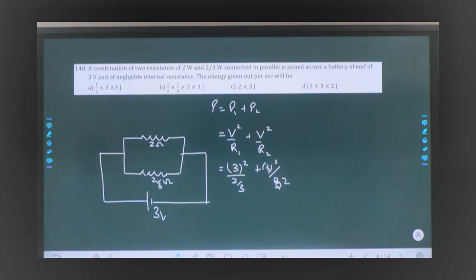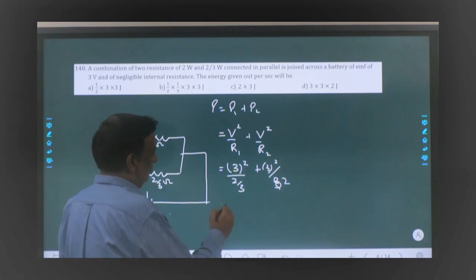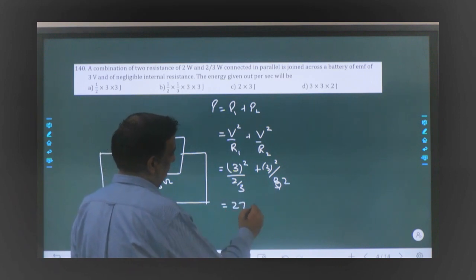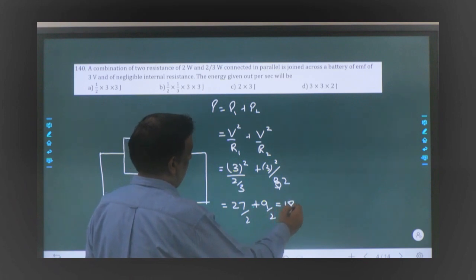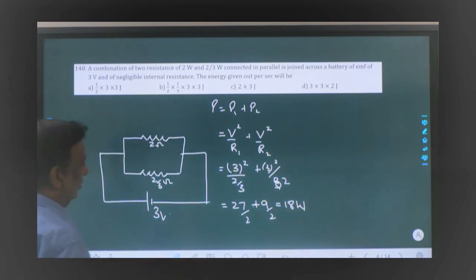This will be the total power output. So further we will get the answer. This is like 27 by 2. Getting watt. 18 watt is the power output.